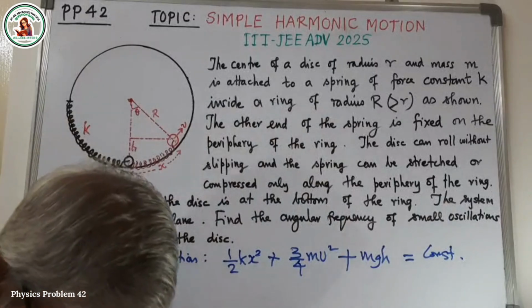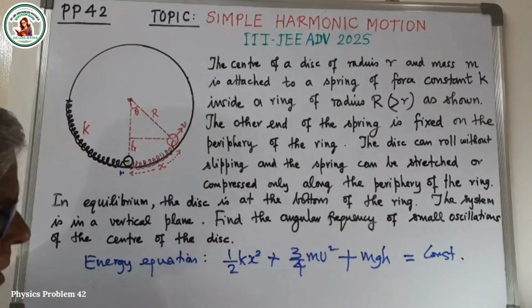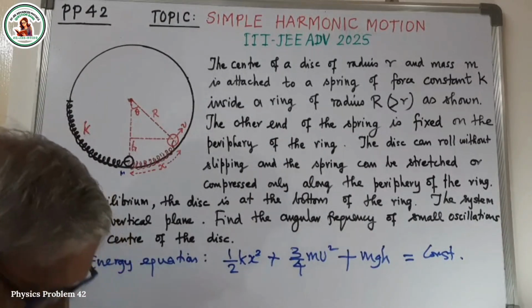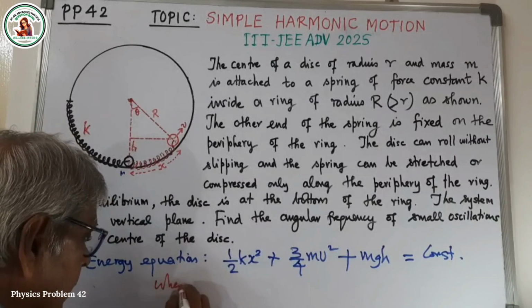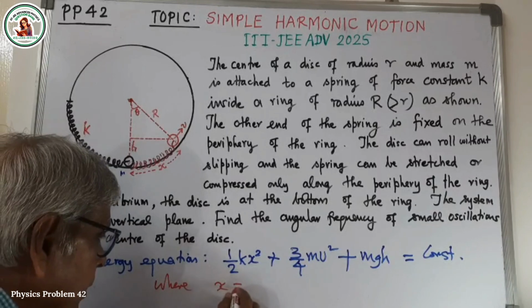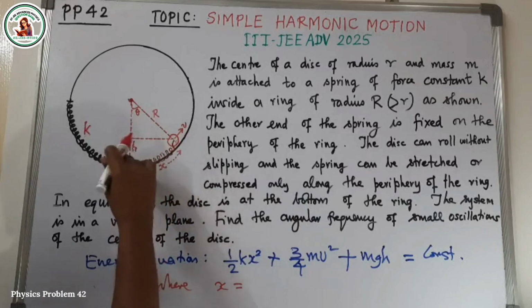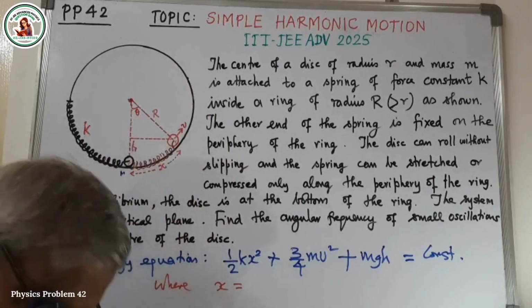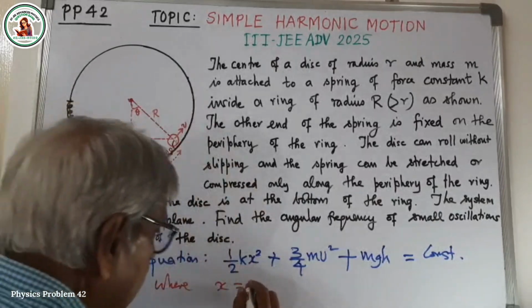Now each of these quantities has its symbols. Where x is equal to capital R times theta. That is the circular motion concept. x equals R theta.